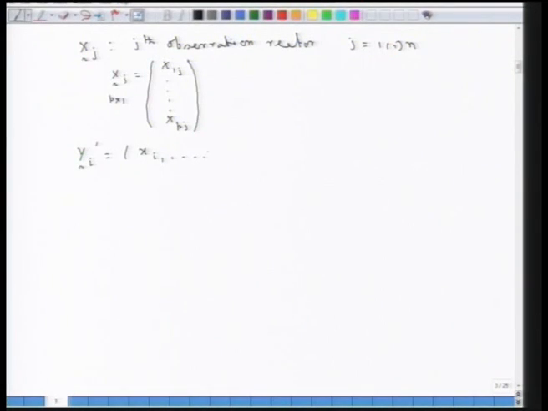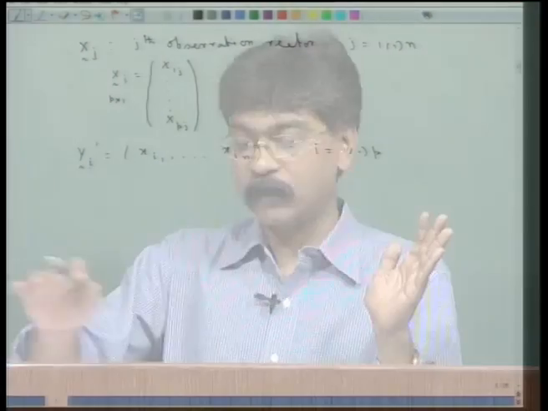So this would be xi1, xi2, up to xin, where i is from 1 up to p. This is the structure of the data matrix, where yi prime is the ith row of the X matrix and xj is the jth column of the X matrix, right.